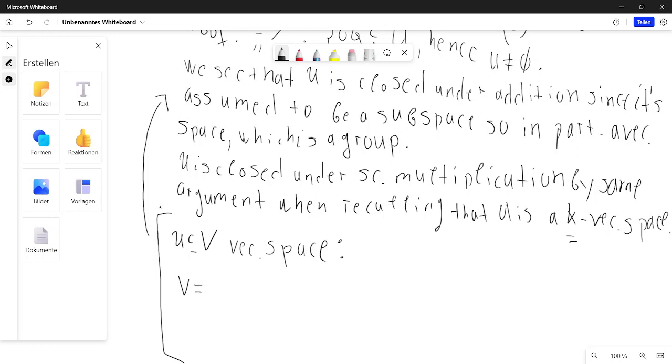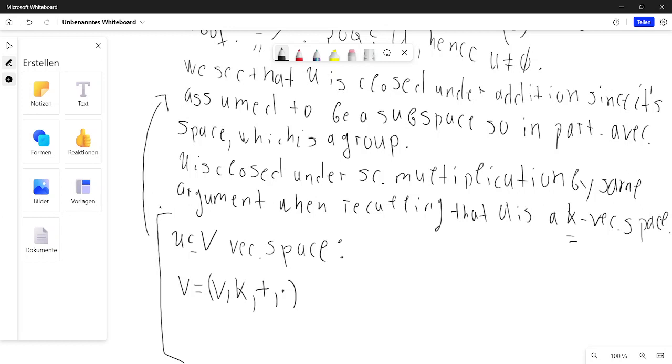V has, as we recall, some field K, it has some operation plus, it has some scalar multiplication dot. And U is also supposed to have such operations.